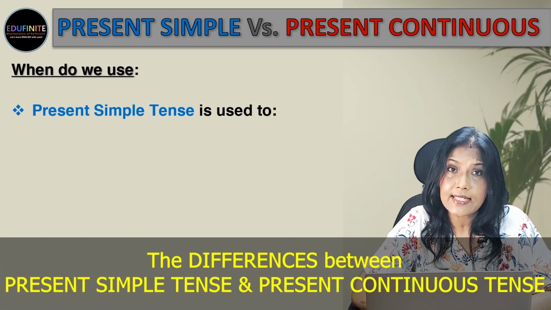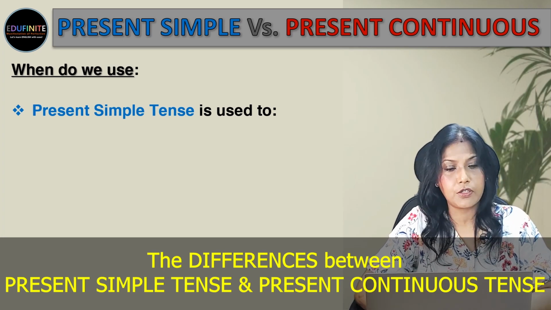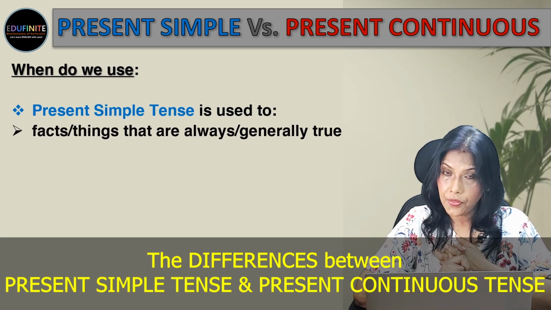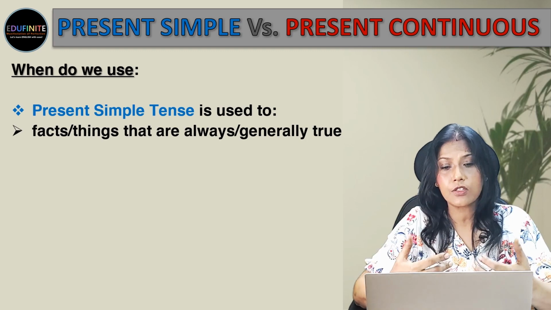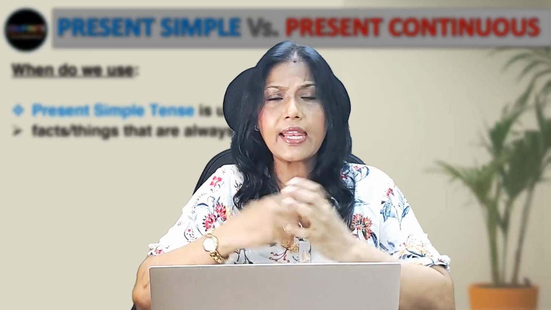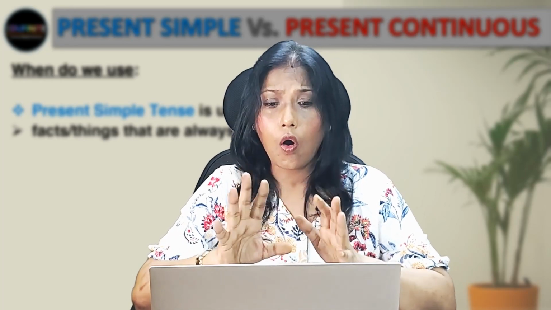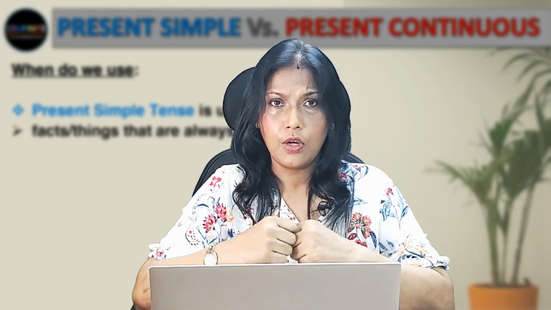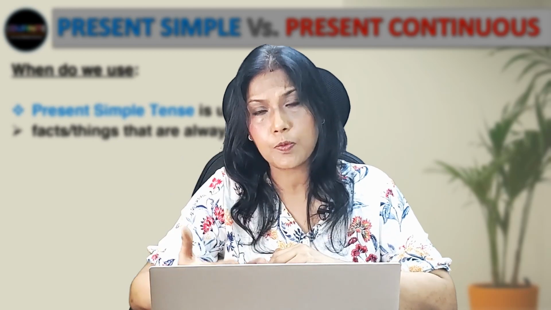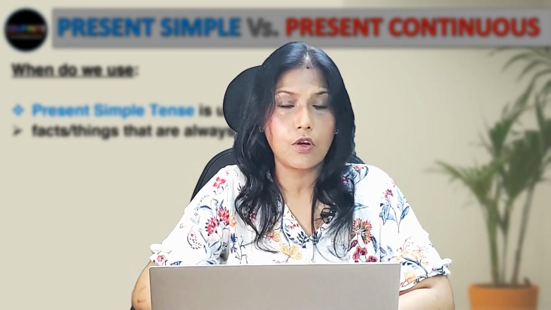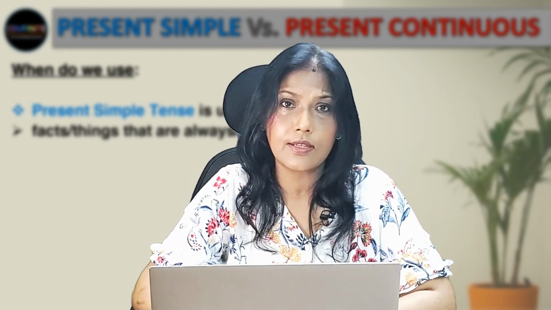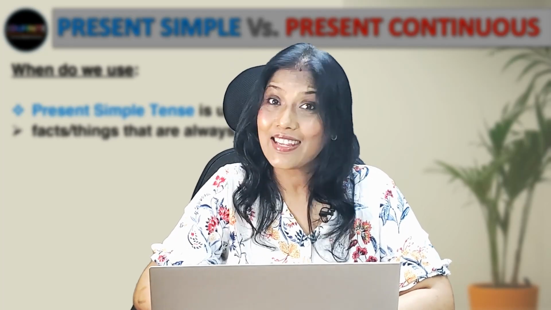Present simple tense is used to refer to facts or things that are always or generally true. So any fact or anything that is generally or always true, we use this tense to express our thoughts or ideas about it. So let's look into the sentences to understand it a little better.